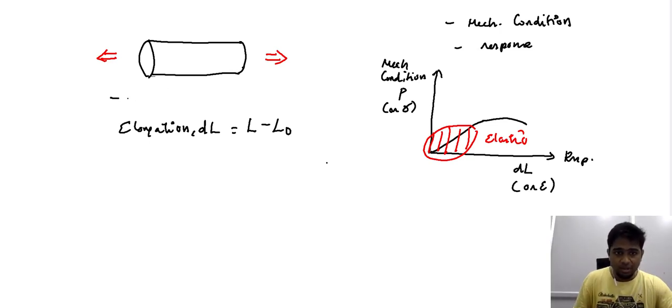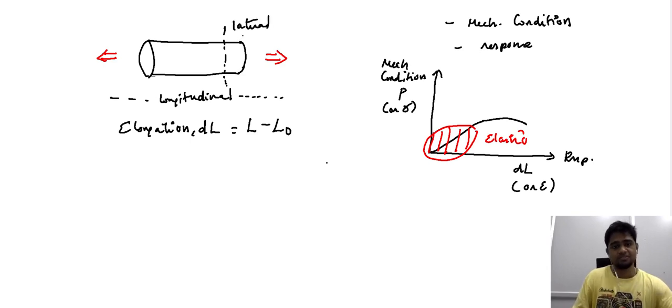This axis along the length we have been referring to as the longitudinal axis. There is an axis that is perpendicular to the longitudinal axis, and that is the lateral axis. So we have two axes, longitudinal and lateral.